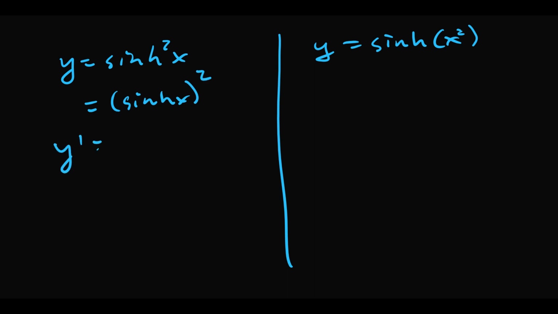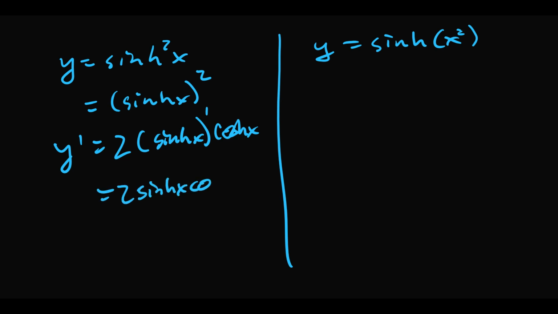When you take the derivative of it, pull the 2 down in front, hyperbolic sine of x, decrease the 2 by 1, and then you take the derivative inside, which is hyperbolic cosine of x. So this ends up being 2 hyperbolic sine of x, hyperbolic cosine of x. We can write that as hyperbolic sine of 2x.